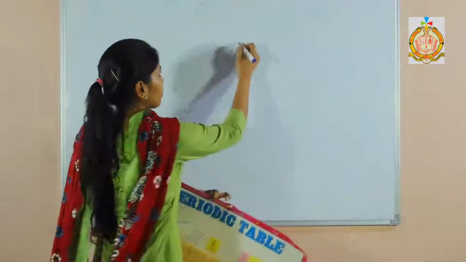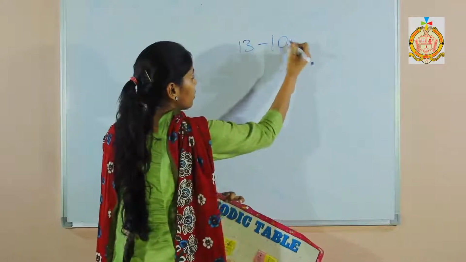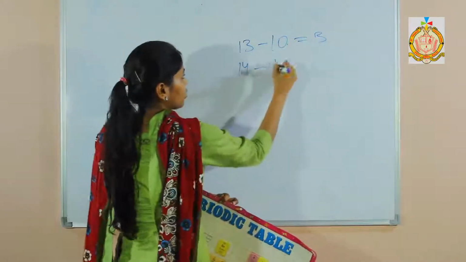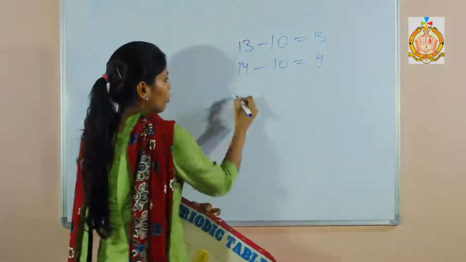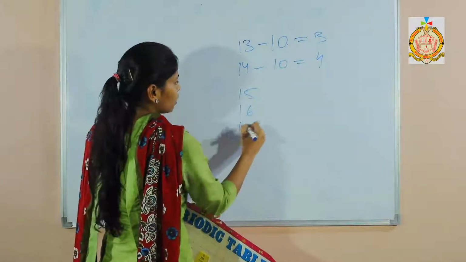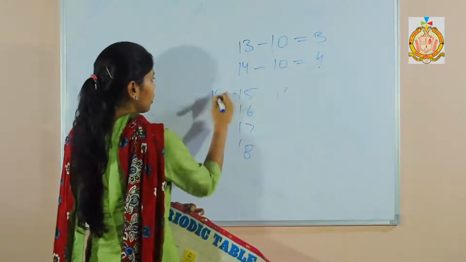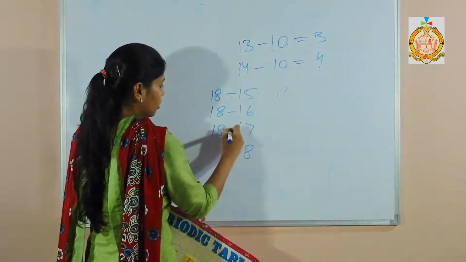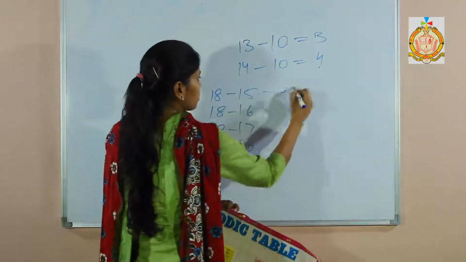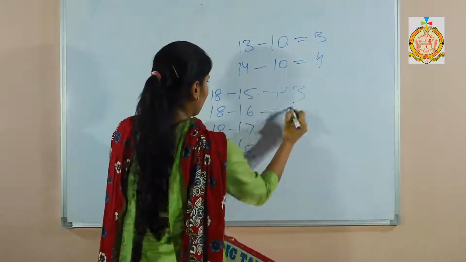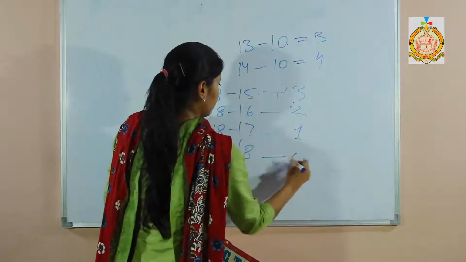Like see, 13 minus 10 will be 3. 14 minus 10 will be 4. For the next groups, 15, 16, 17 and 18, subtract these numbers from 18. You will get the valency 3, then 2, 1 and 0.